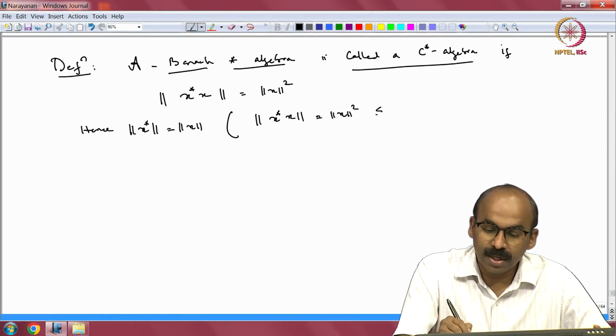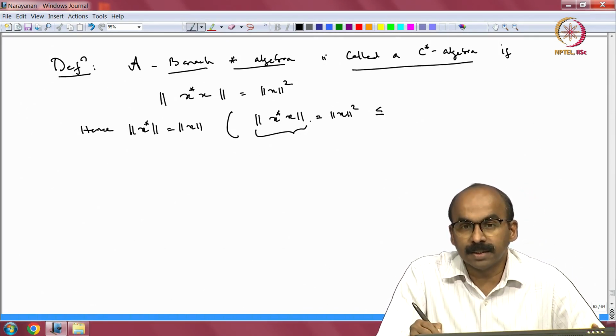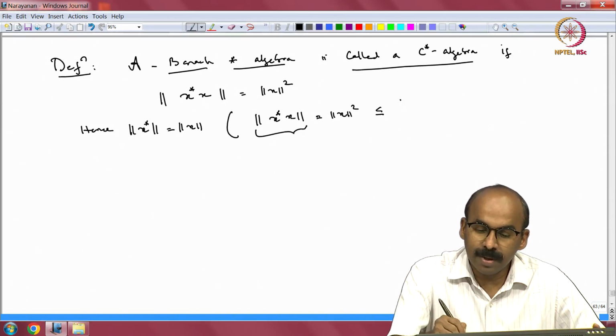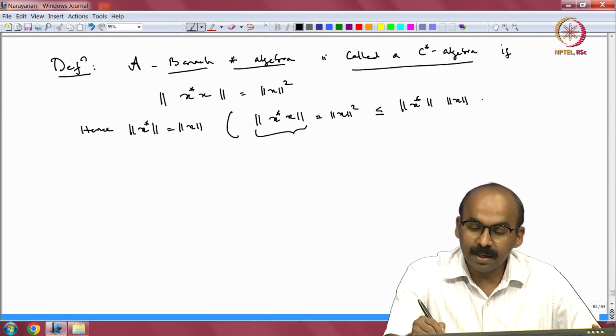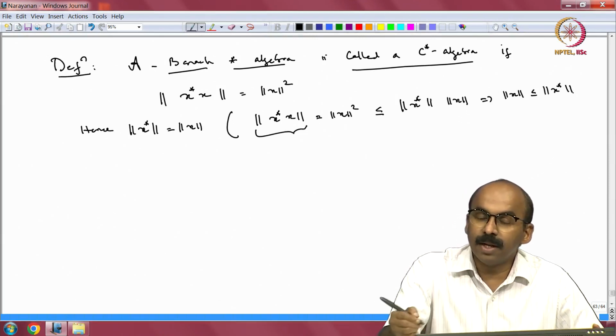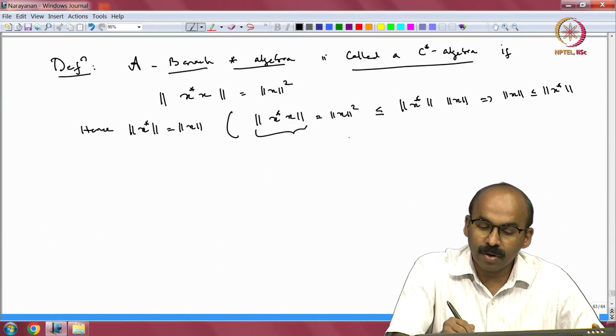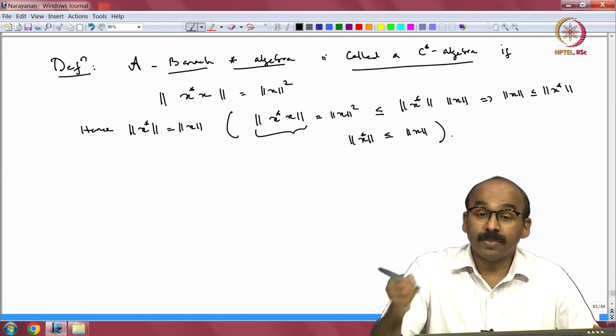Of course, it is less than or equal to norm x star times norm x, because I have a product of two things, x star and x. Banach algebra property will tell me this. So, one of them gets cancelled and we get norm x is less than or equal to norm x star, and by symmetry you will have the other one as well. So, we will also have that norm x star is less than or equal to norm x in a similar manner. So, that is why the norms are the same.